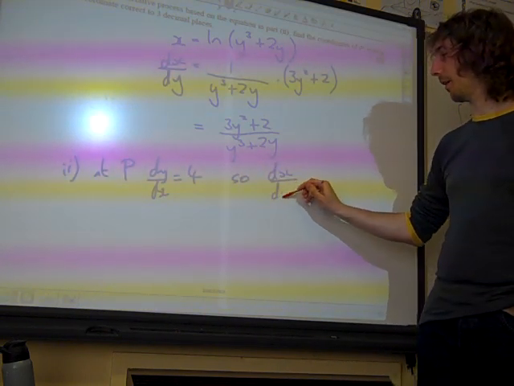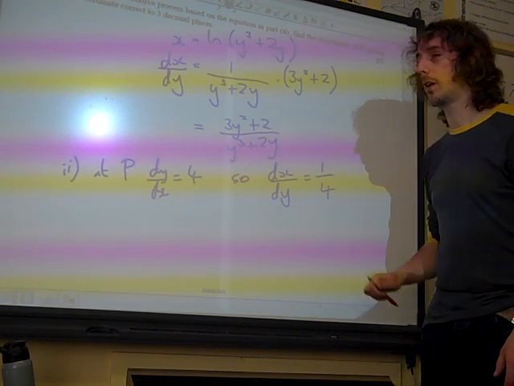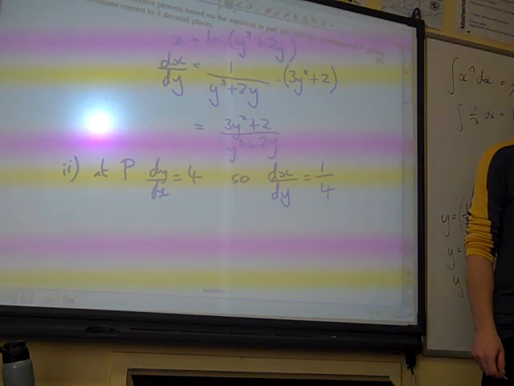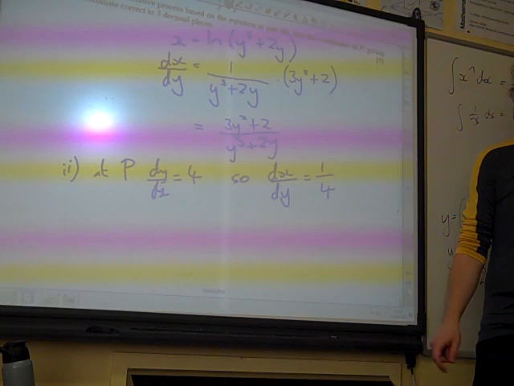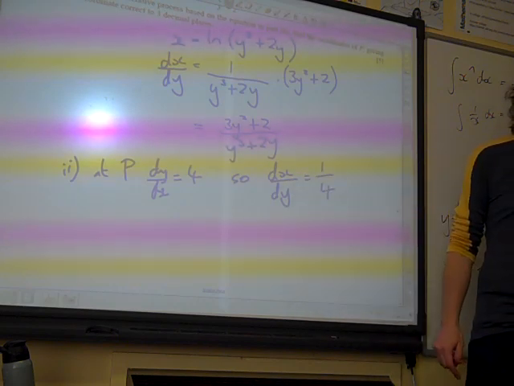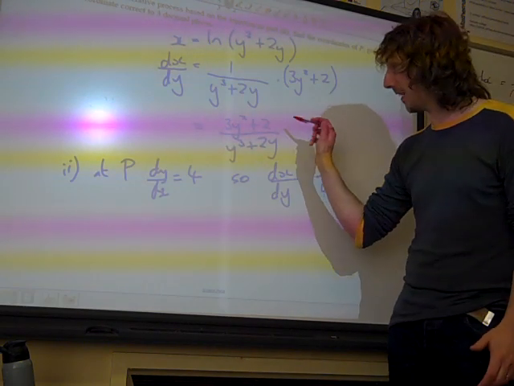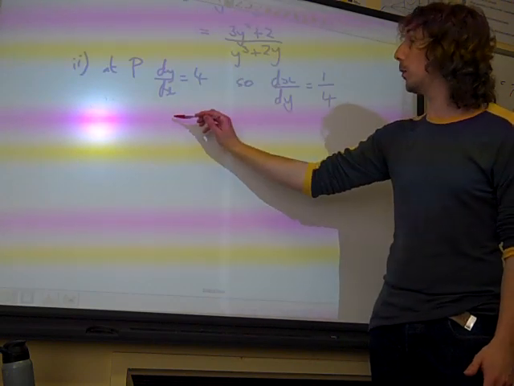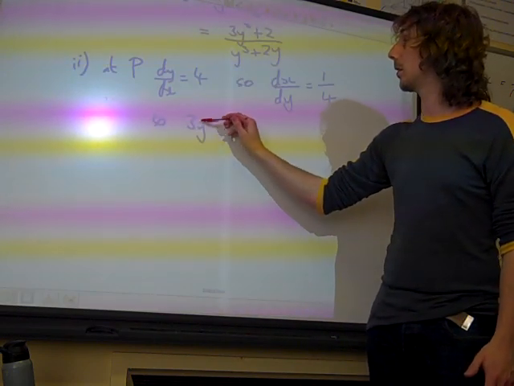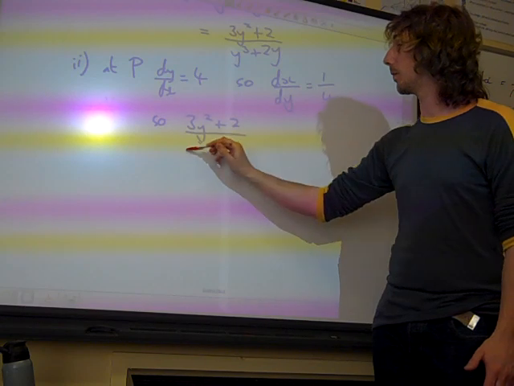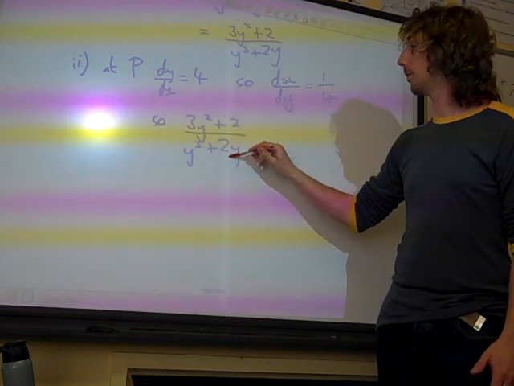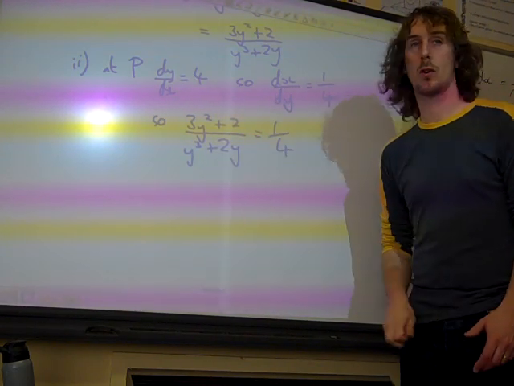So at P, dx by dy is a quarter. It's really important to remember that we're dealing with a slightly different thing here. So at P, this expression here equals a quarter. Right.